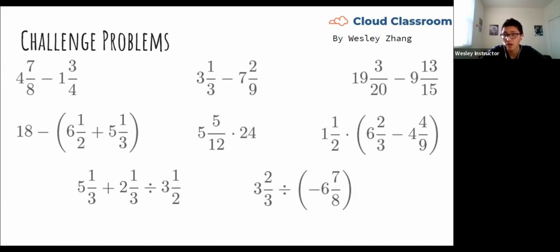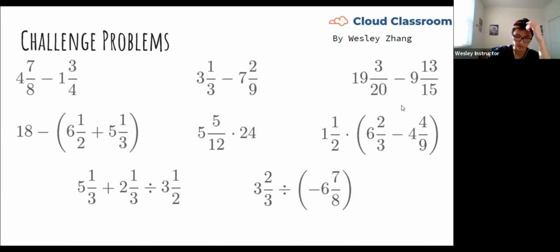So let's focus on the fractions first again. So 3/20 times 3/3, that is 9/60, and 13/15 times 4/4, that gives us 52/60. So that gives us 9/60 minus 52/60, and that gives us a fraction of -43/60.